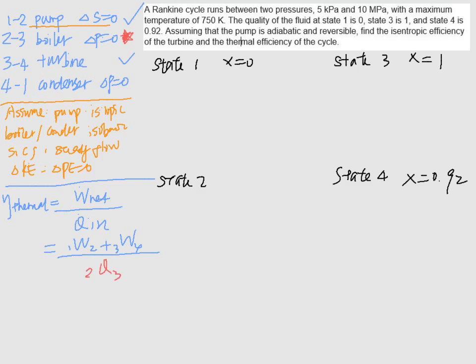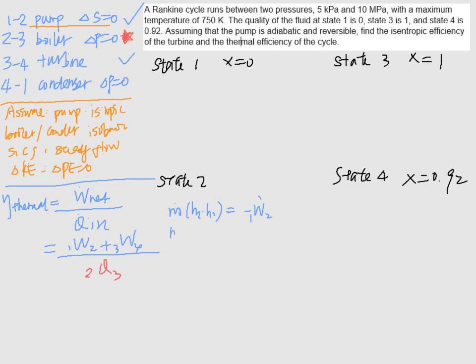So we're going to put Q23 in the denominator. And from our steady flow energy equation, we know that m dot times (H2 minus H1) is equal to negative W from 1 to 2.